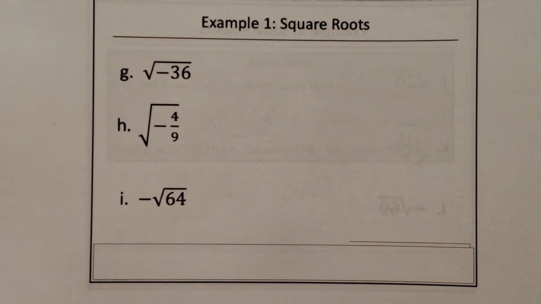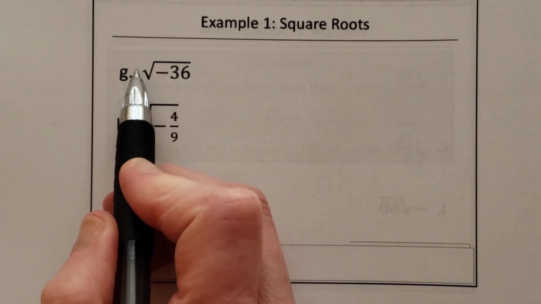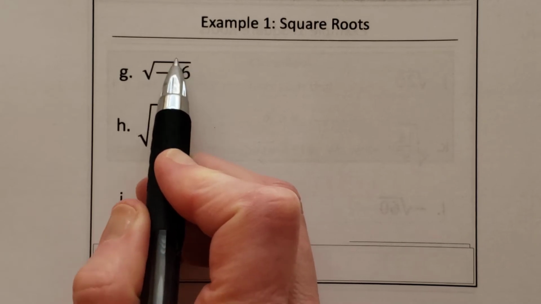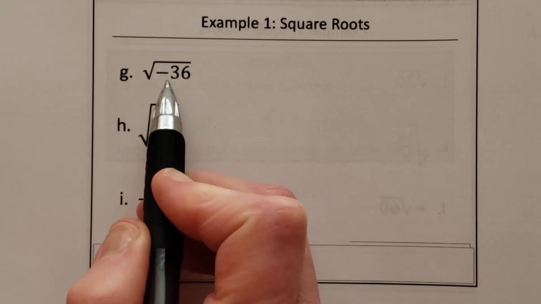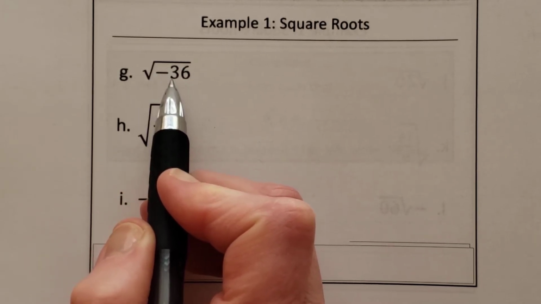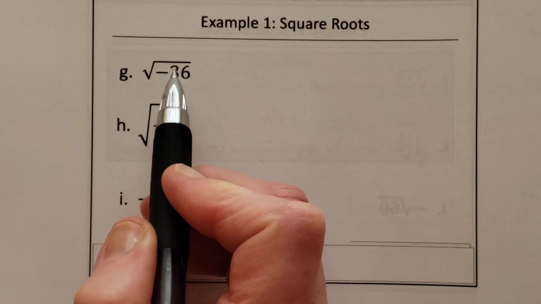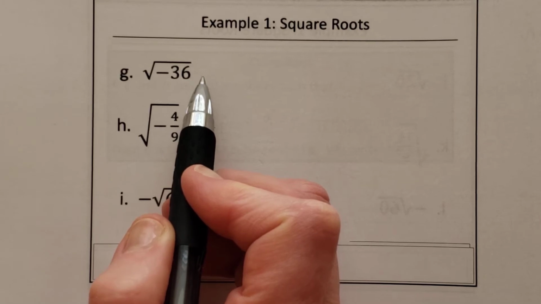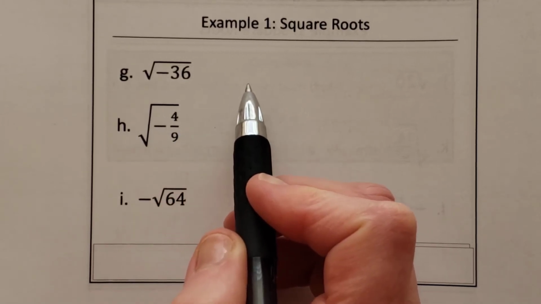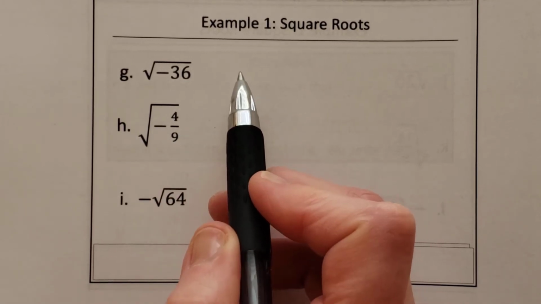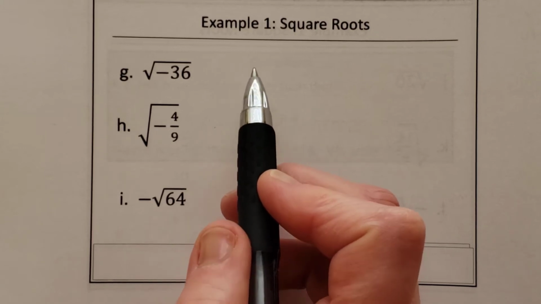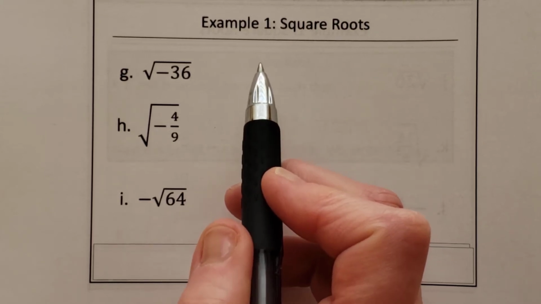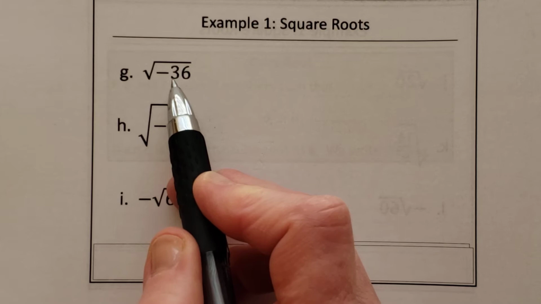All right, now let's look at these 3 problems, however. Now this is not on the outside. The negative is not on the outside, it's on the inside. So basically this is saying what number times itself equals negative 36? Well, we know the answer is not 6 because 6 times 6 is positive 36. So then we think, well, what if it's negative 6? Is negative 6 times negative 6 negative 36? Nope.